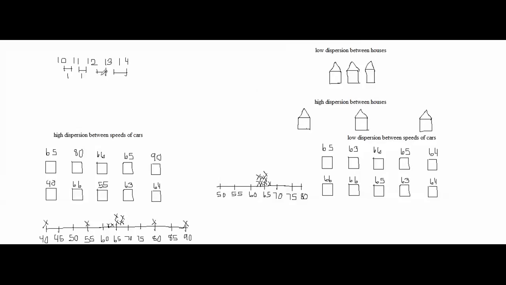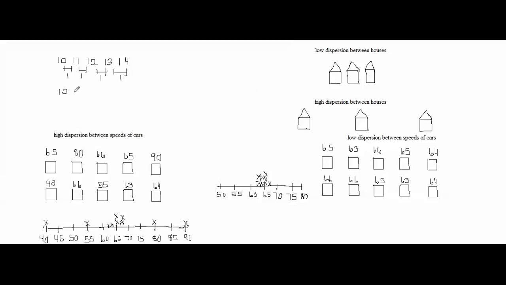This is a gap of 1, this is a gap of 1, and this is a gap of 1, or a distance of 1. If we take one of these gaps and make it bigger, our spread will go up. So let's take this gap of 1 right here and make it a gap of 2.